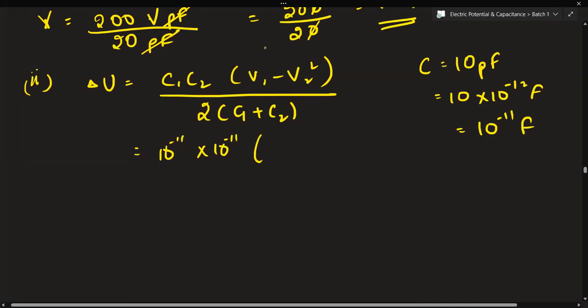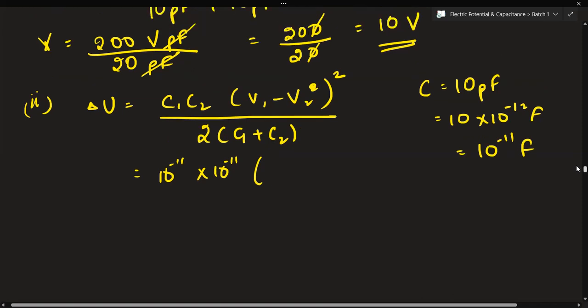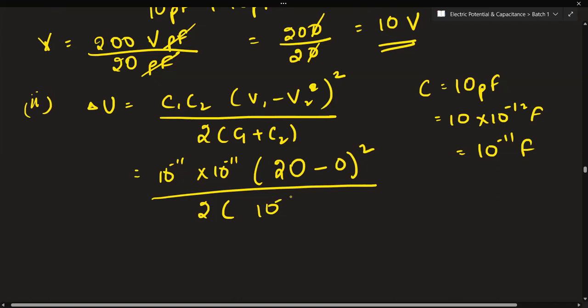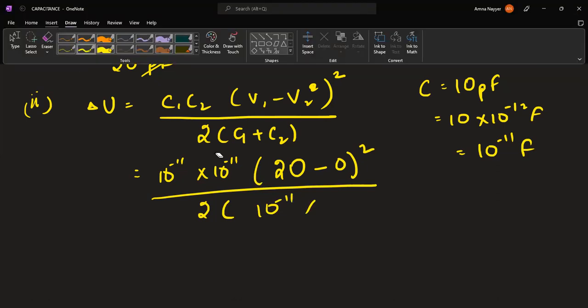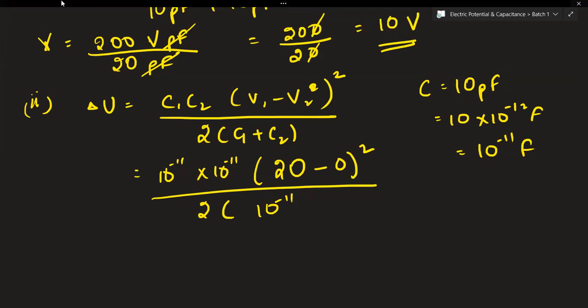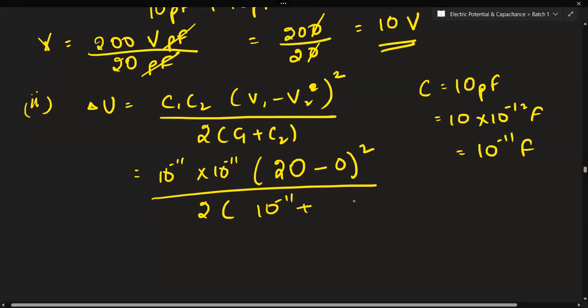V1 minus V2 whole square is there. V1 was how much? 20. Okay, V1 was 20. So (20 minus 0) whole square divided by 2 into (10 to the power minus 11 plus 10 to the power minus 11). This is your formula.